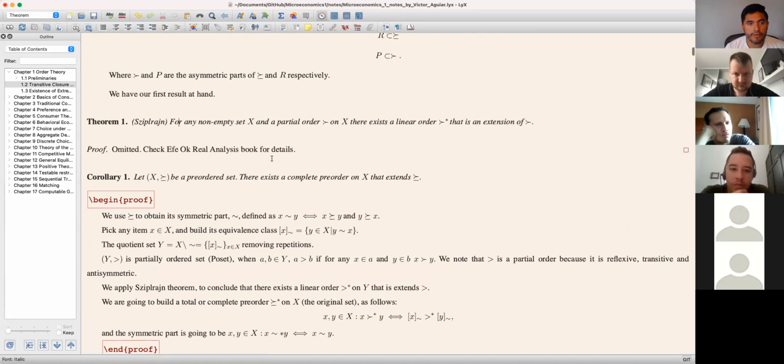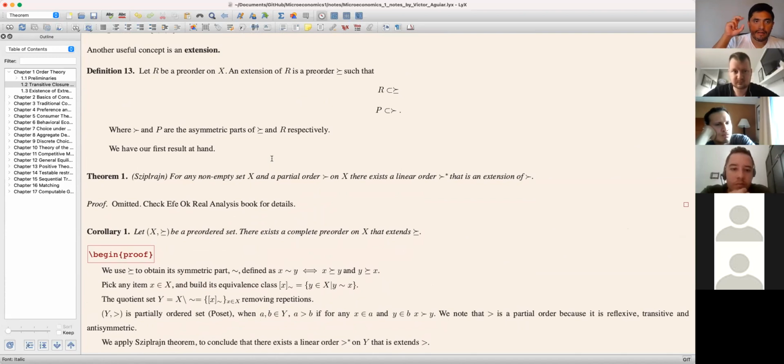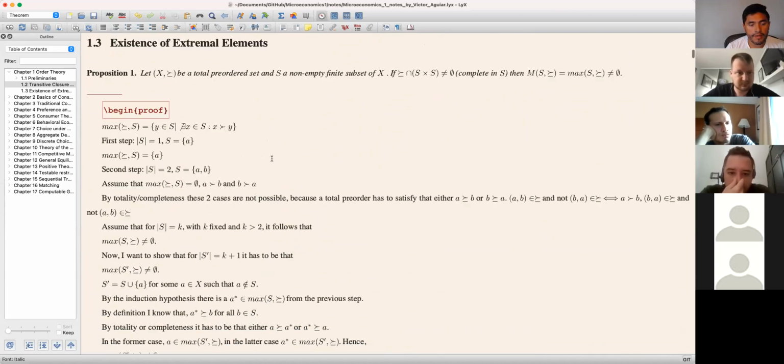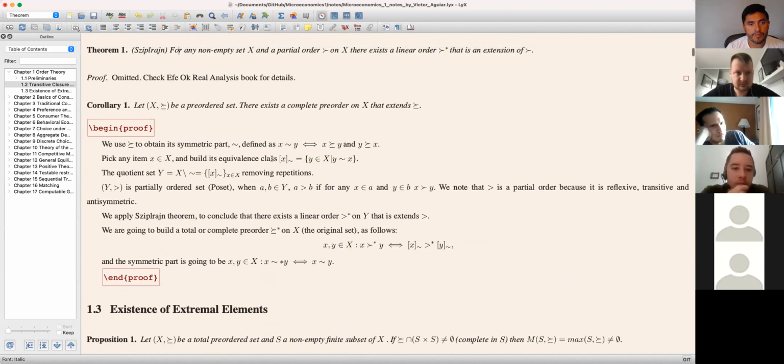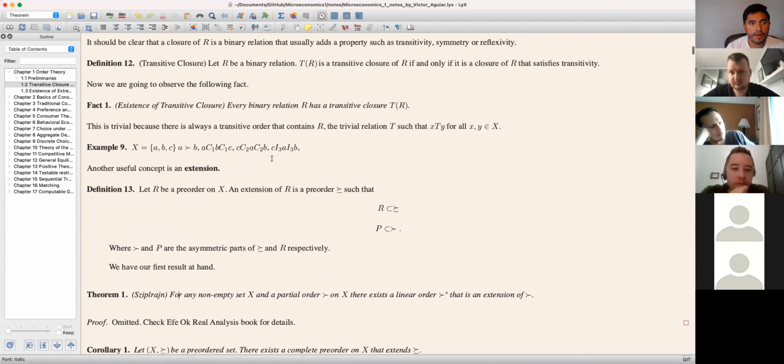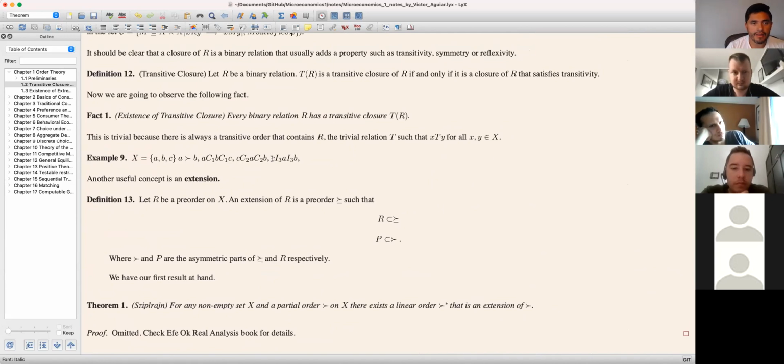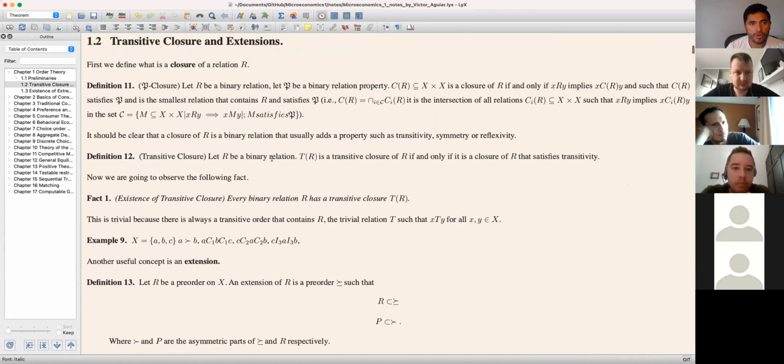This will provide the mathematical foundation of the existence of this transitive closure. So you can go and come back to this order part and read the Szpilrajn extension theorem for filling in the blanks of what you need to prove it.